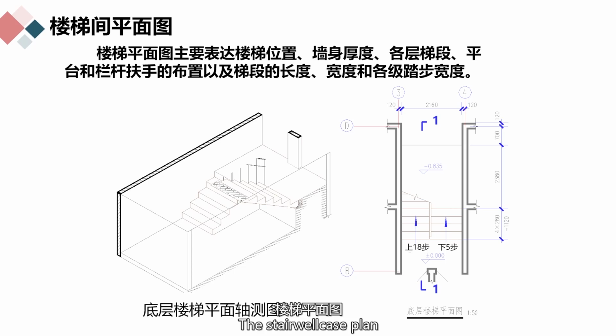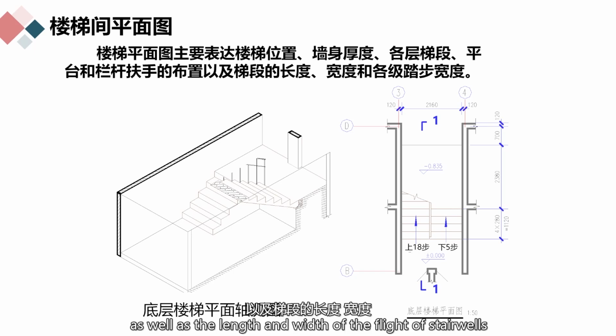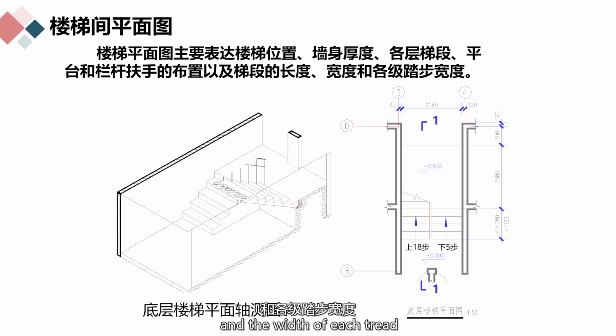The stairwell plan mainly expresses the opening width and depth dimensions of the stairwell, the position of the stairwell, the thickness of the wall, the layout of each flight of stairwells, platforms and handrails, the up and down directions of the stairwell, as well as the length and width of the flight of stairwells, and the width of each tread.